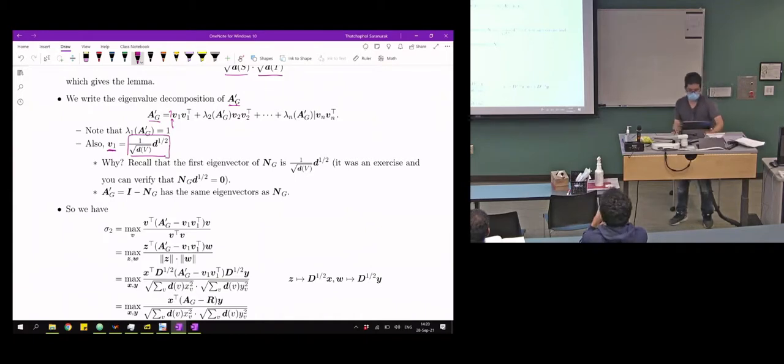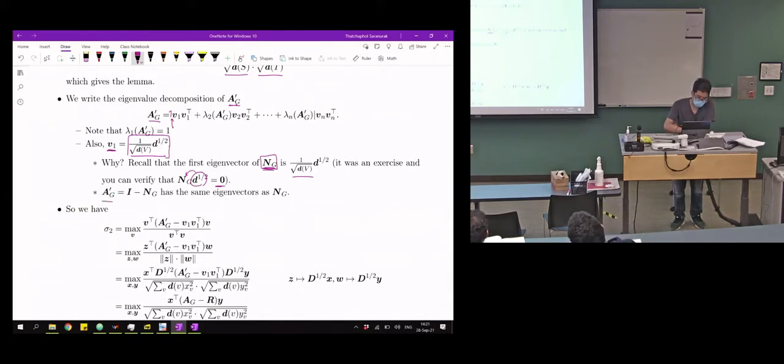And why is that? Because you have seen, at least if you remember, that the first eigenvector of the normalized Laplacian is this. You can actually verify that this thing times this is 0, and you normalize it so that it is a unit vector.